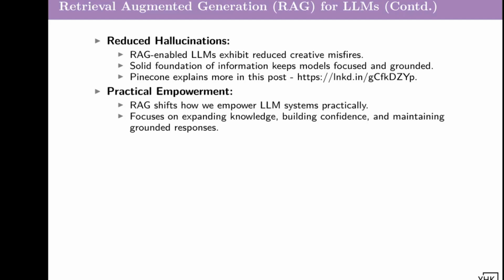This solution, RAG or whatever solution, has to be practical, implementable, building confidence, those aspects. So these are the aspects for which RAG has been devised. This is basically the architecture. We'll have a look at it in more detail.